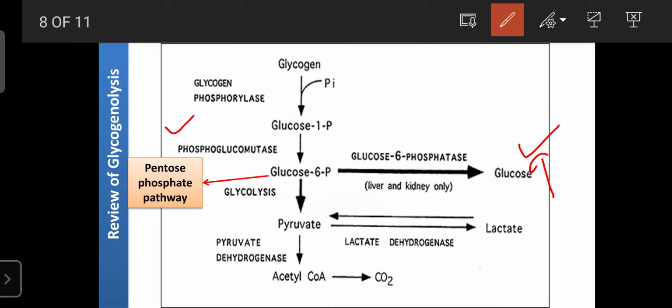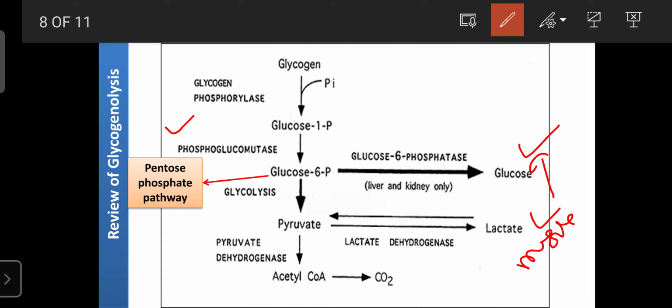But glucose 6 phosphate, on another side, can directly enter into glycolysis, where by various steps it is converted into pyruvate in the presence of oxygen. But in the absence of oxygen, it is converted into lactate, which occurs in skeletal muscles. Only in skeletal muscles does anaerobic glycolysis occur, but in the rest of the cells aerobic glycolysis occurs.